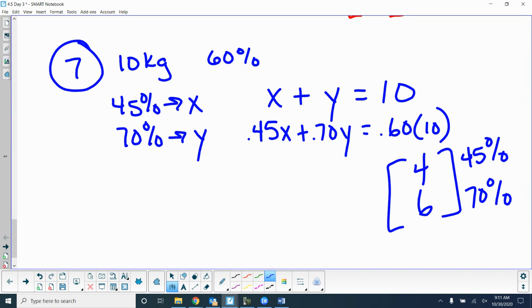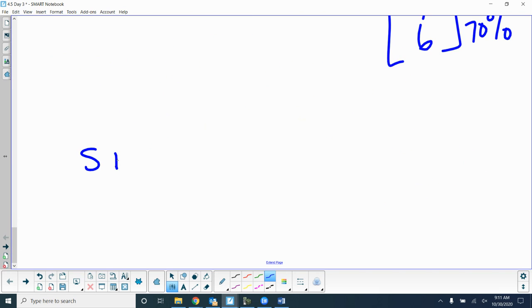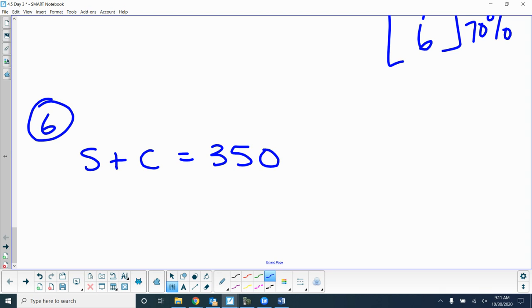How did you set that one up? I did S plus C is 350. That's how many pounds we had total.